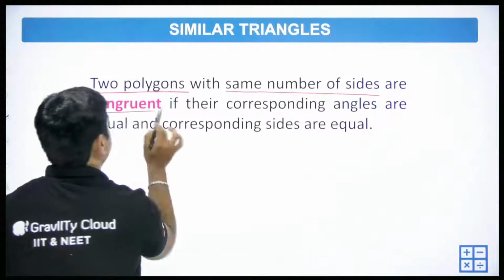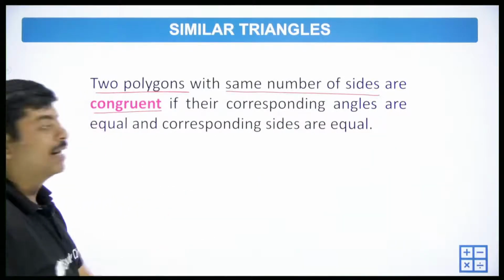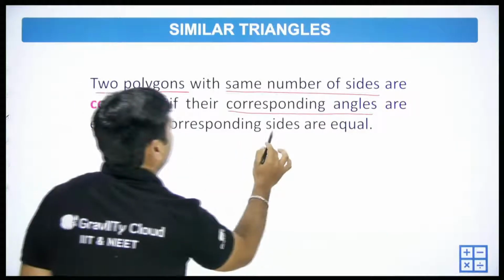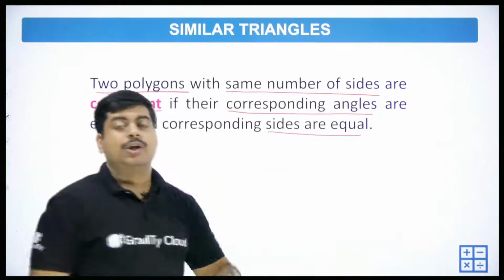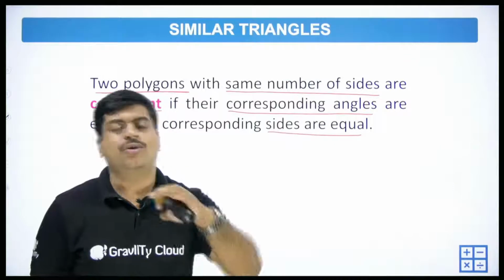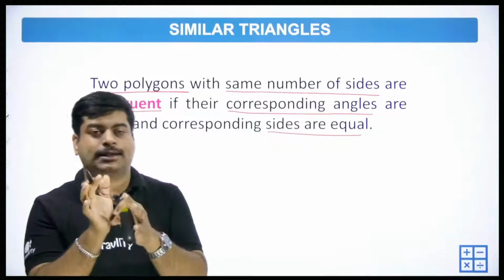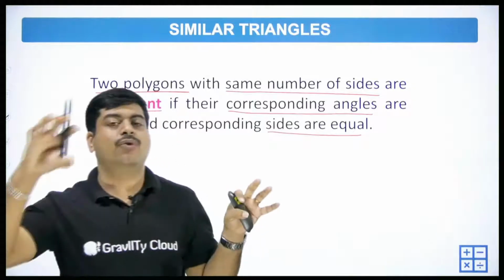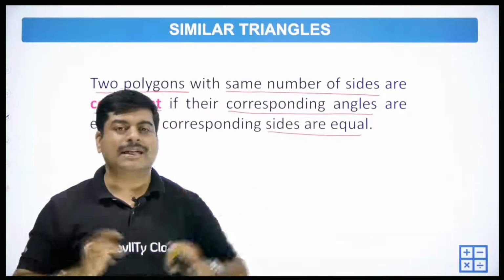Two polygons with the same number of sides are congruent if their corresponding angles are equal and corresponding sides are equal. You cannot compare a 3-sided polygon to be congruent with a 4-sided polygon. That's basically wrong.